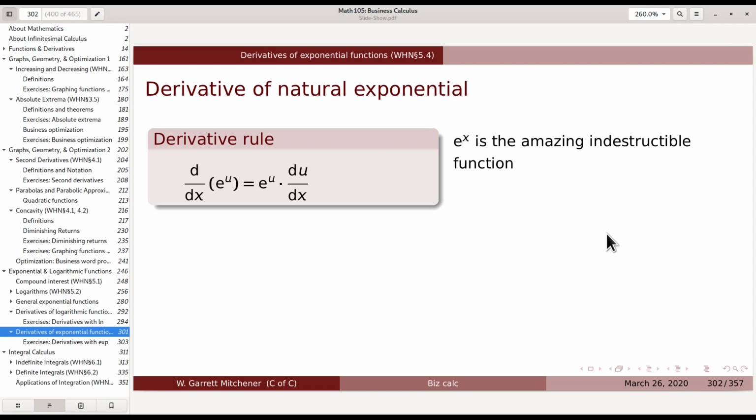The e to the u part happens because the derivative of the natural exponential function is itself, and then the du over dx part happens because of the chain rule, because normally we have e to something more than just an x. Okay.